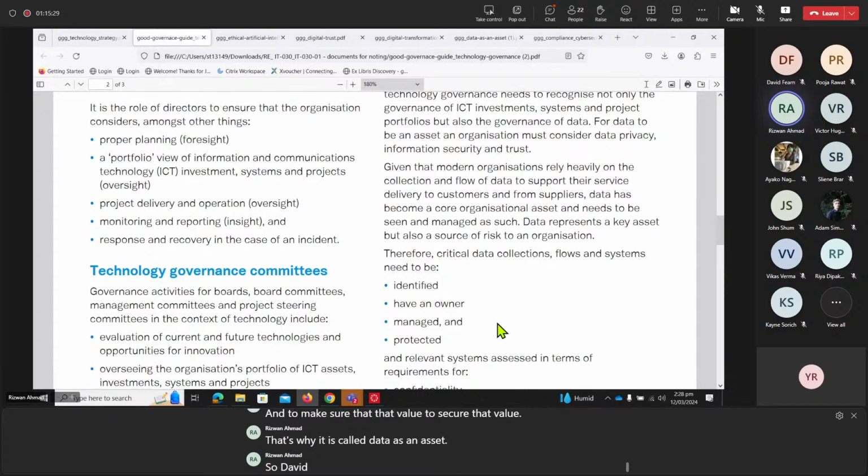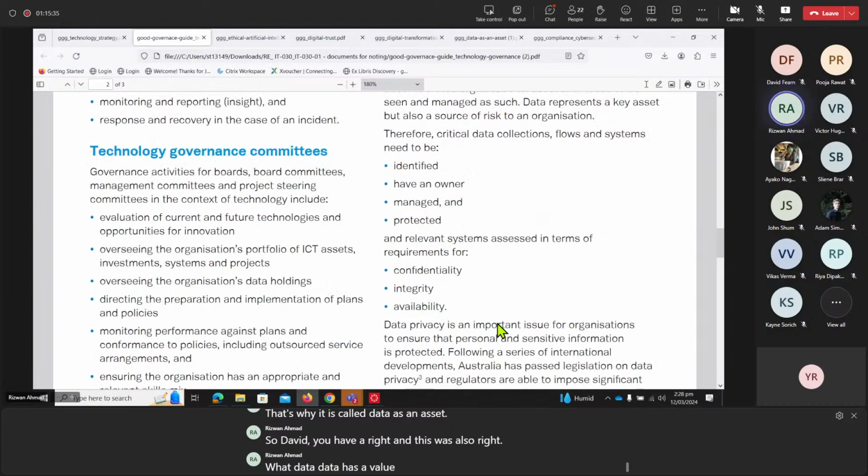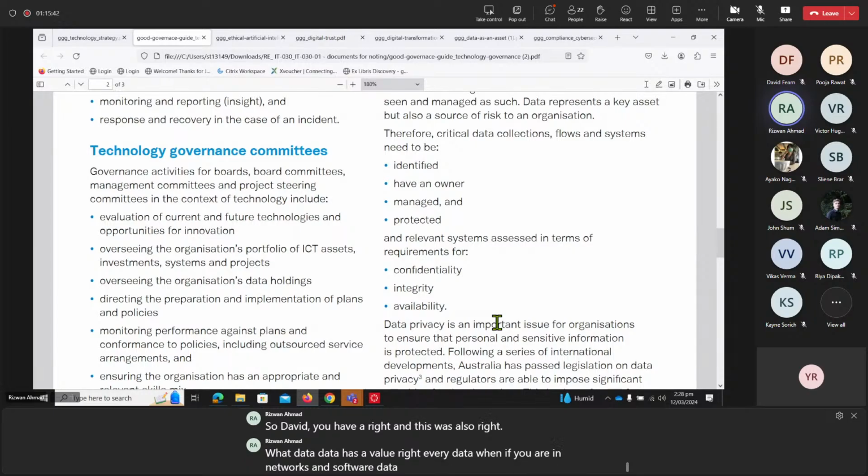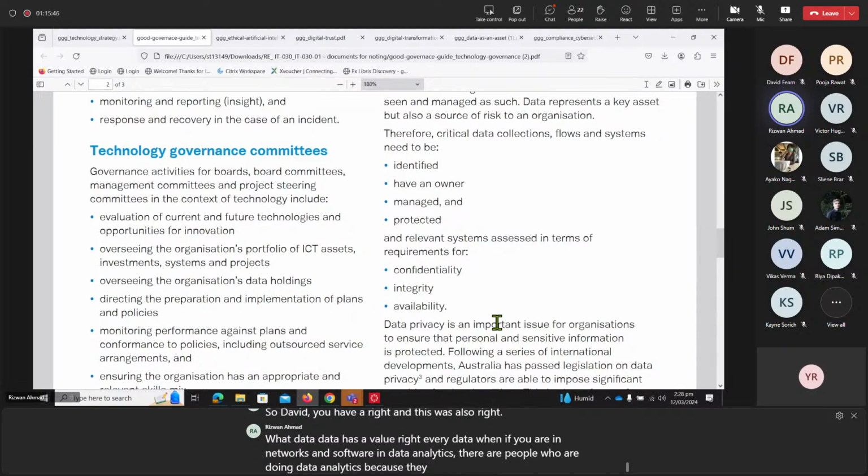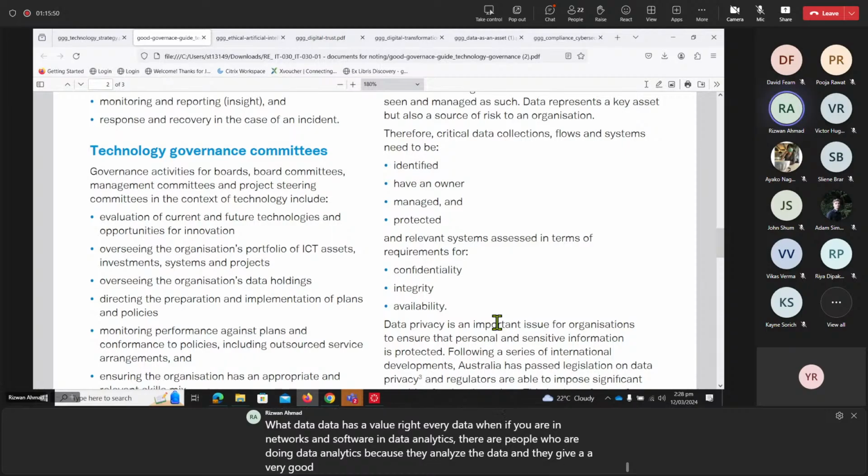So David, you were right, and the others were also right. Data has a value, right? Every data, if you are in networks and software, data analytics, there are people who are doing data analytics because they analyze the data and give very good research based on that.